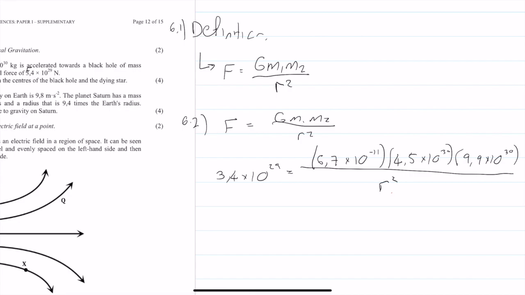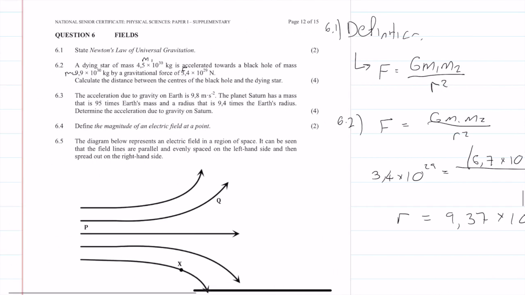The only unknown in this equation is r, so we can solve for r, which is equal to 9.37 times 10 to the 10 meters. And we get 4 marks for that.